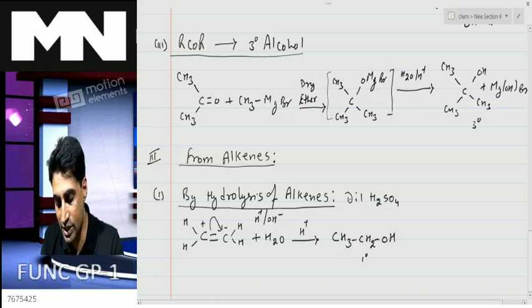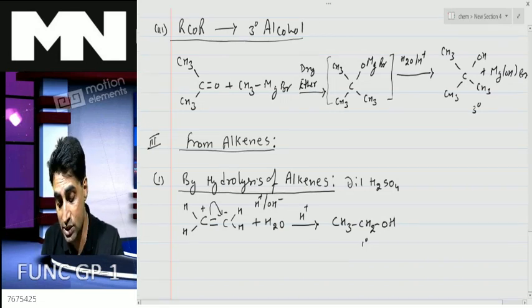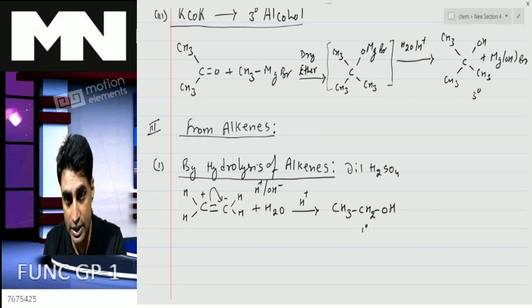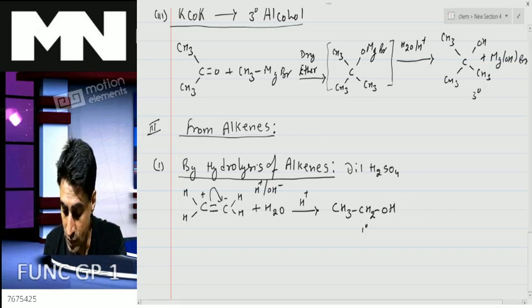As far as this reaction is concerned, you have the mechanism of this reaction in your syllabus. So we'll see the mechanism also, how this reaction goes on. Mechanism.